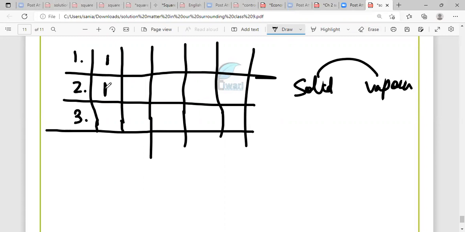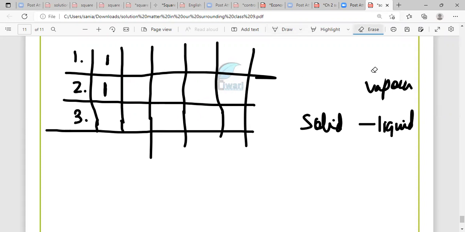Okay. Next, Adil. The process of converting solid into liquid is known as. I'm repeating.